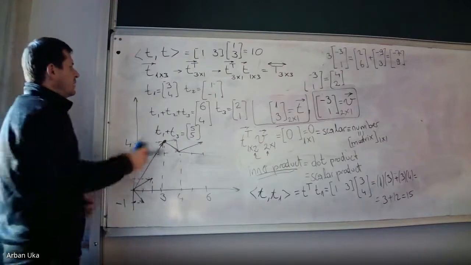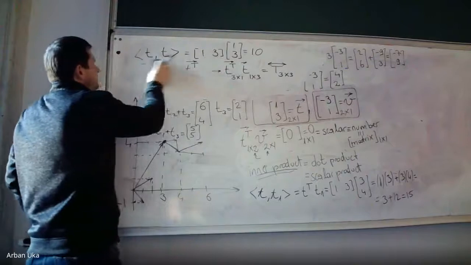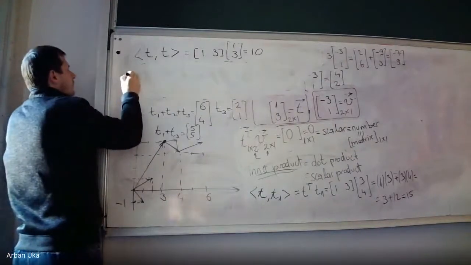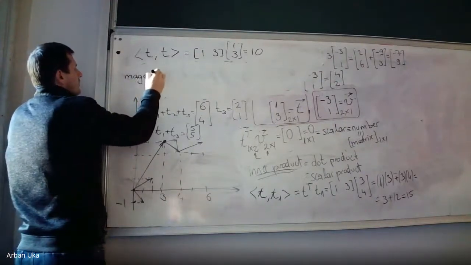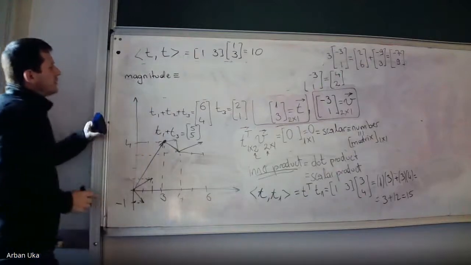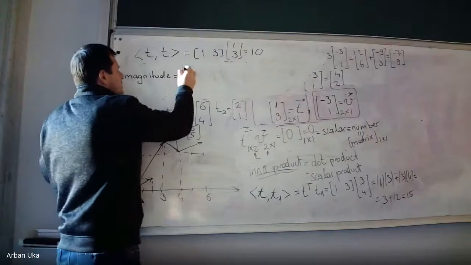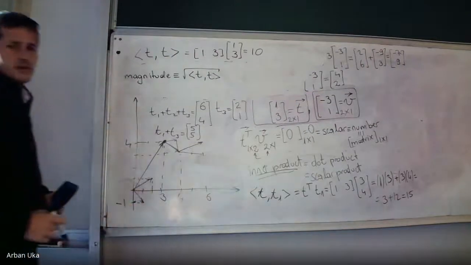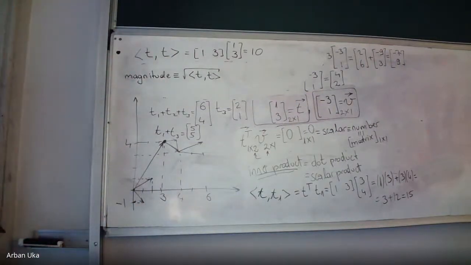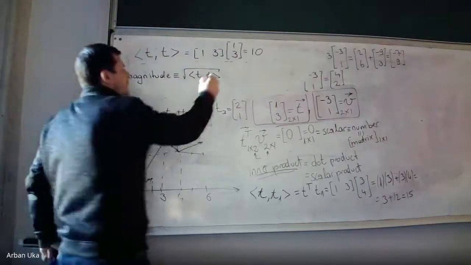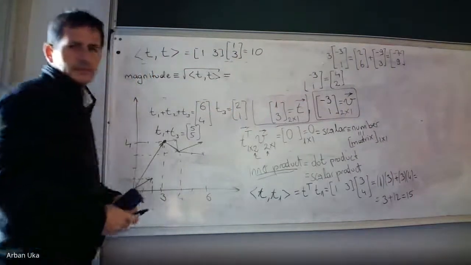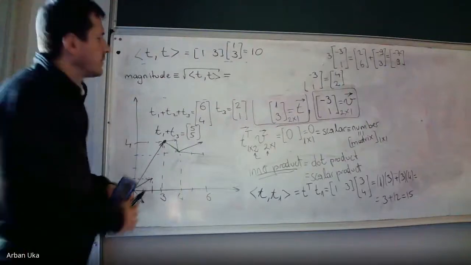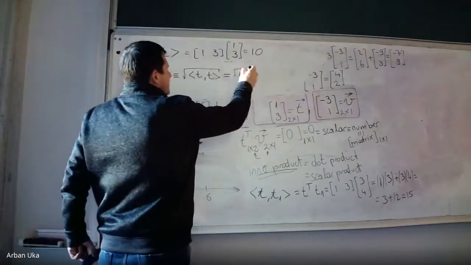The magnitude of a vector is defined as the square root of T transpose T. So in this case, what is the magnitude of T? It's the square root of 10. That's true.